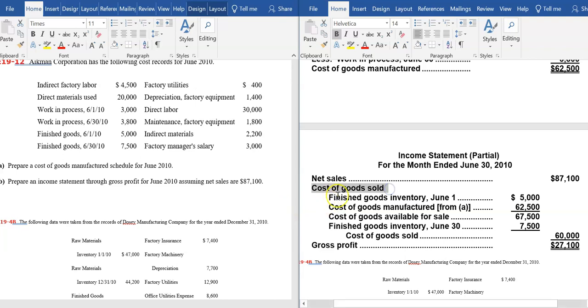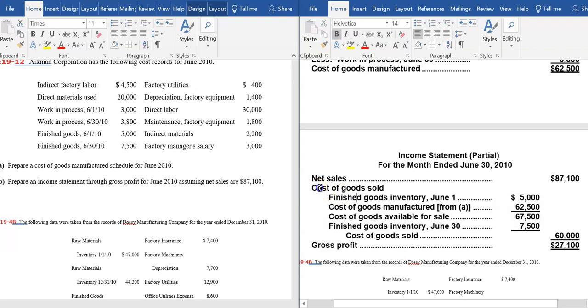Cost of goods sold. In a manufacturing environment, cost of goods sold is the amount that was transferred out of the finished goods inventory, or the cost recorded as cost of goods sold for the finished good inventory that had been sold and taken out of the finished goods inventory account.